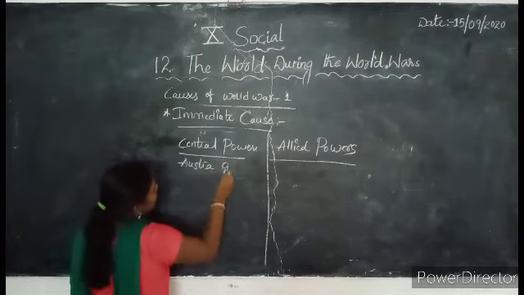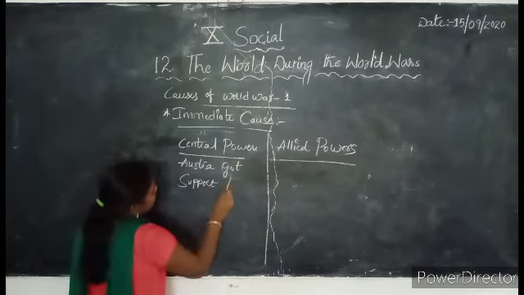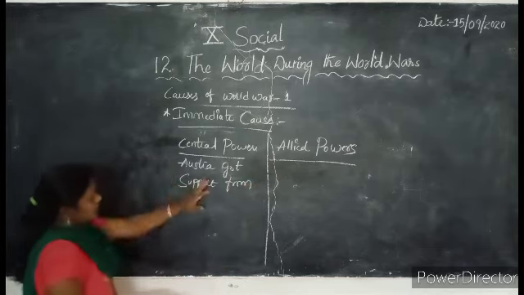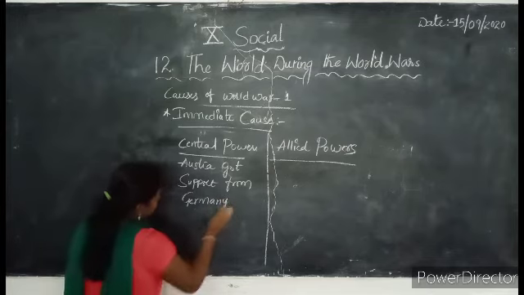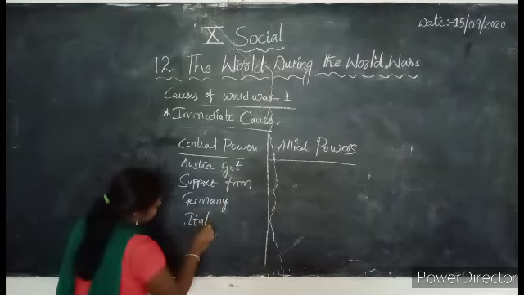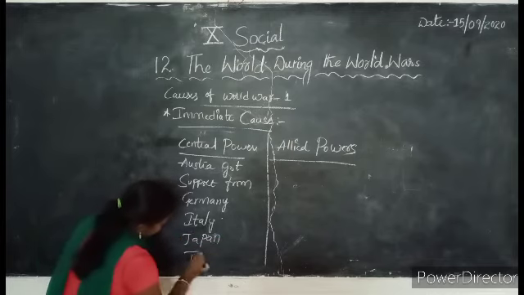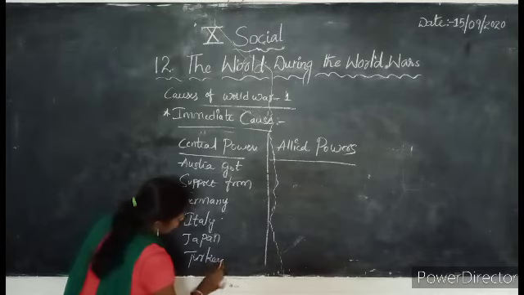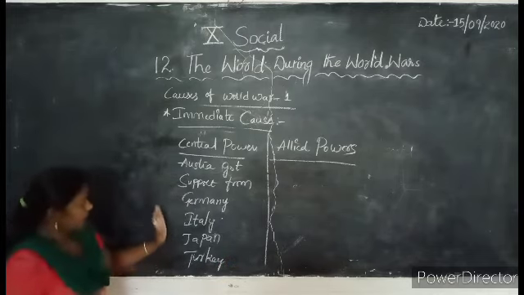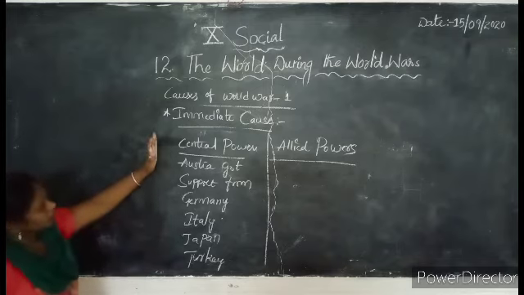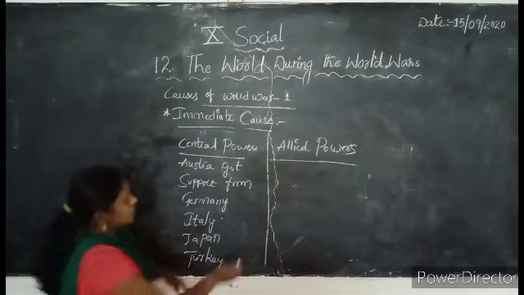Austria got support from Germany, Italy, Japan, Turkey. So, with the support of Germany, Italy, Japan and Turkey, Austria entered into World War I.